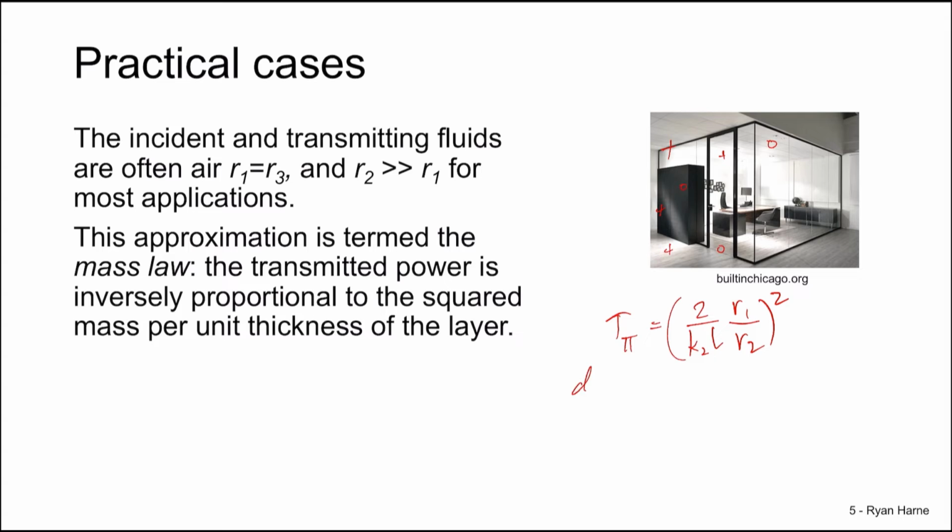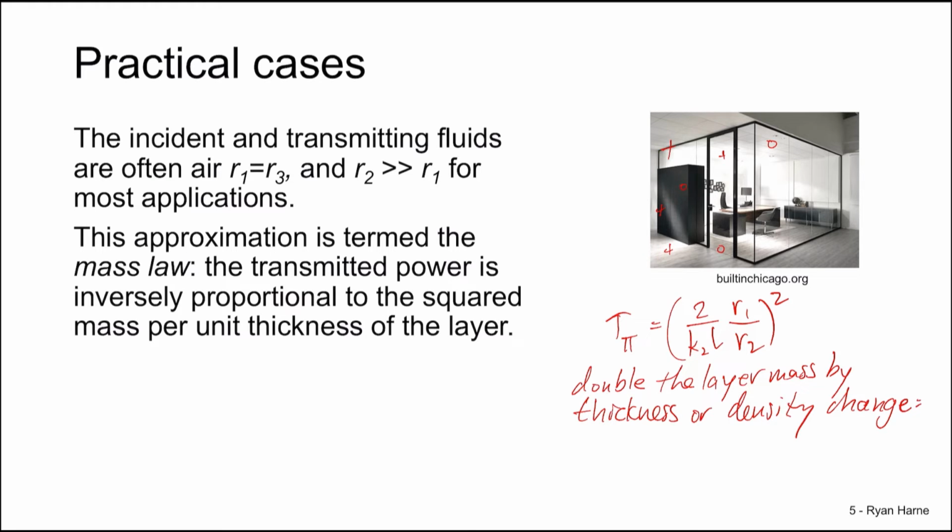So in other words, if we double the layer mass by thickness or density change, we reduce transmitted power by 6 decibels, where the decibel quantity is determined by taking 10 log 10 of our power transmission coefficient.